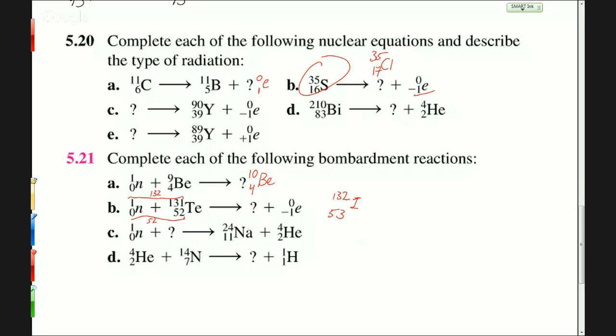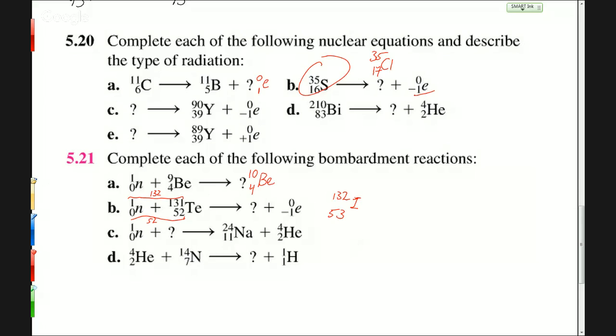Do you see where those numbers come from? Why we added because of the minus? Right, because of the beta particle. So what's really happening there is the neutron bombards into the nucleus, breaks into a proton and an electron. The electron comes out as a beta particle. The proton stays there. So the atomic number has increased, and the mass is increased by 1 from the neutron coming in.